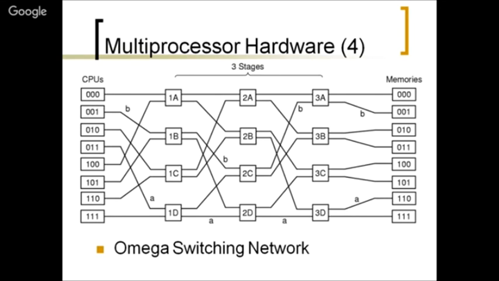In the stages I marked the switches as A, B, C, D: 1A, 1B, 1C, 1D is the first stage, the second A, B, C, D is the second stage, and the third A, B, C, D is the third stage. So there are different stages of switching. You can see paths A and B go to the different stages. So a CPU can connect to a particular memory through these different stages.